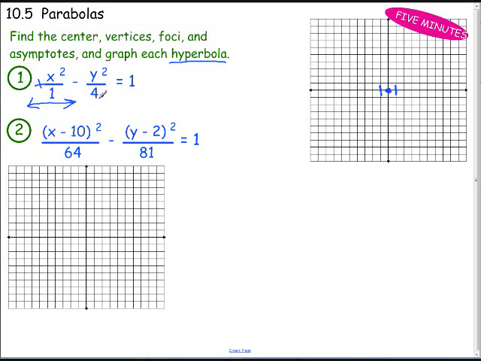For my box that I need for asymptotes, I need b. This is b squared, so b is 2. That tells me the corner I'm interested in is over 1, up 2, and down 2.